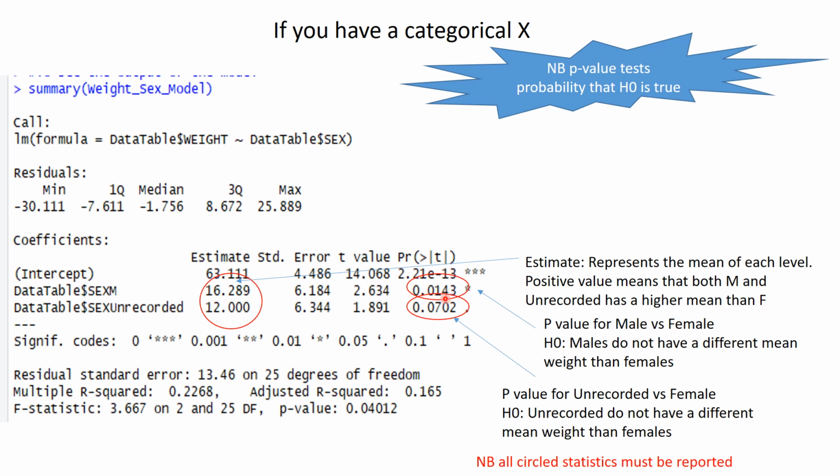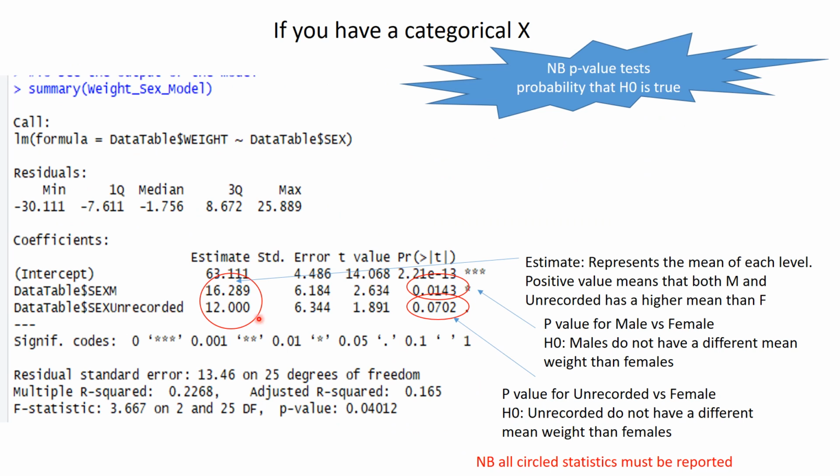So here we can say males have a significantly different weight than females, but unrecorded individuals do not have a significantly different weight to females. Okay, so we can tell that. What we cannot tell here is whether we have a significant difference between male and unrecorded, and we will look at that just now. The other thing that we cannot tell only from the p-values is whether the males tend to have a higher weight or a lower weight than the females, and the same for unrecorded.